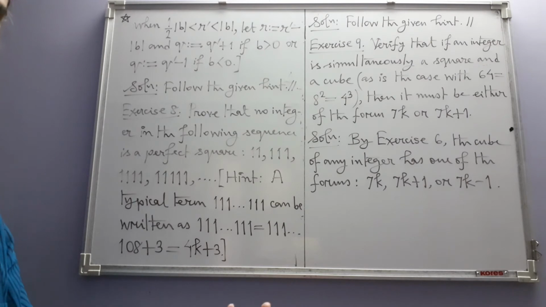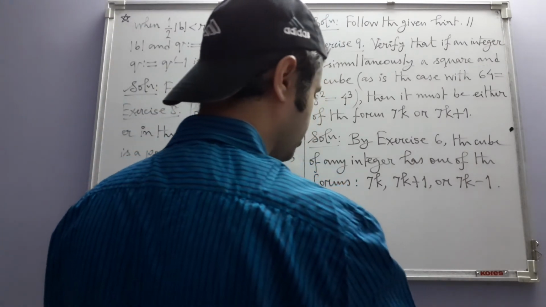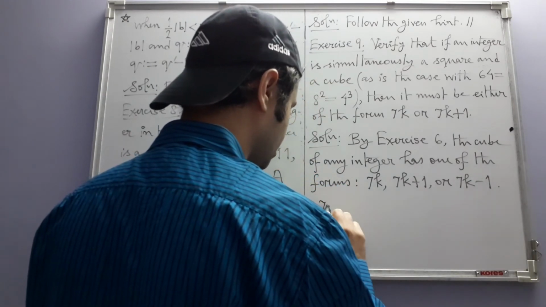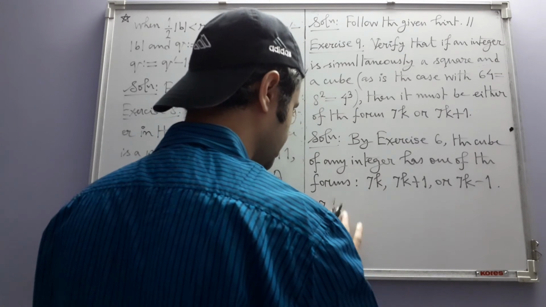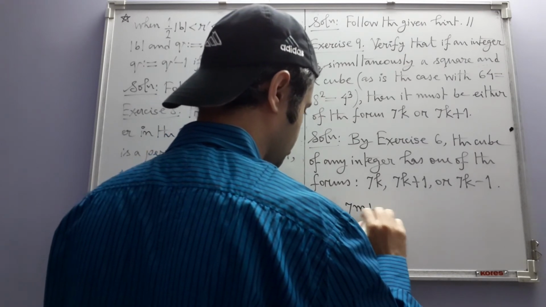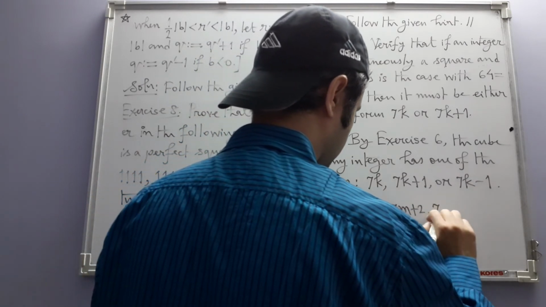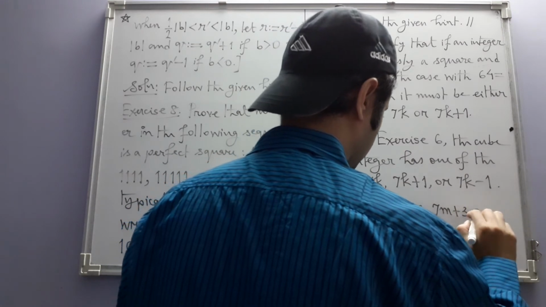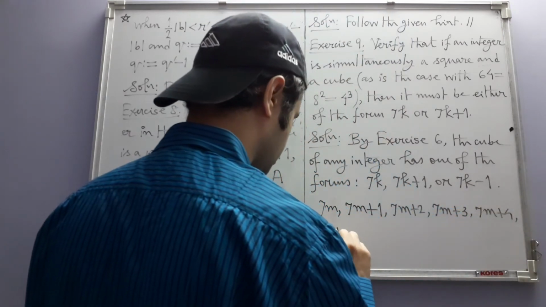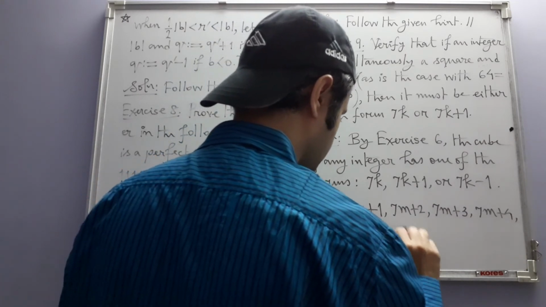when we divide an integer by 7. For that I am not again going to write things, we will just look at all the possibilities. 7m plus 4, 7m plus 5, 7m plus 6.